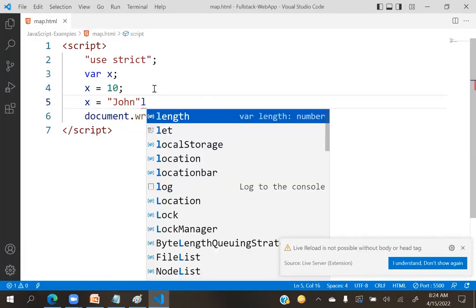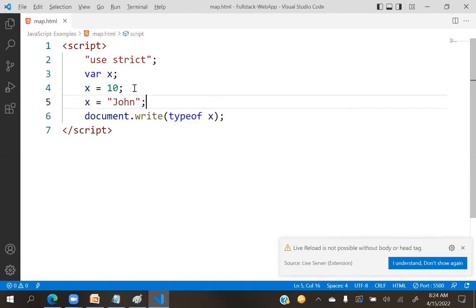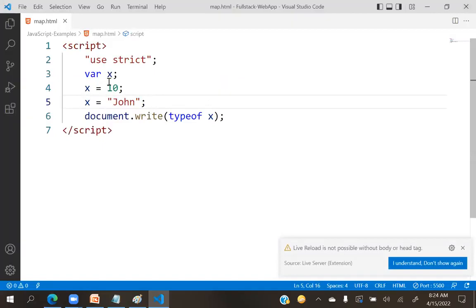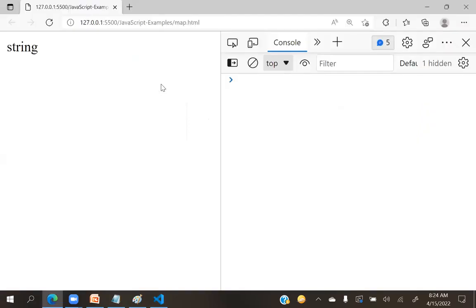Then automatically that number changes to string. But it should not allow. Once you say number, it should store only number. But there is no chance. In JavaScript, you don't have that restriction. So JavaScript is not strongly typed, and TypeScript is strongly typed.